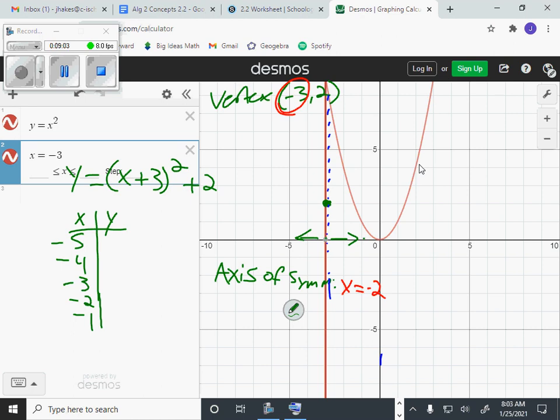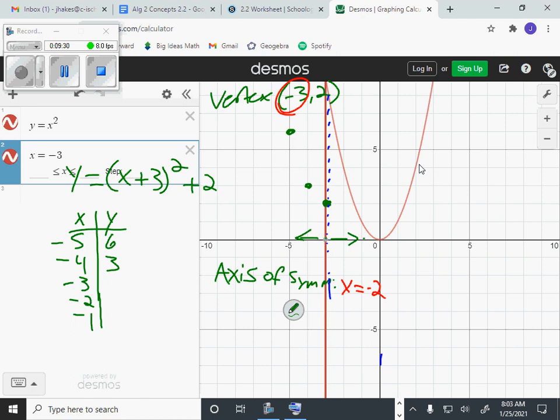When we have -5 plus 3, we'll get -2. -2 squared is 4, and 4 plus 2 is 6. So at -5, we should be at 6. We plug -4 in, -4 plus 3, that's -1, -1 squared, that's 1, 1 plus 2, that's 3. So at -4, we're at 3.